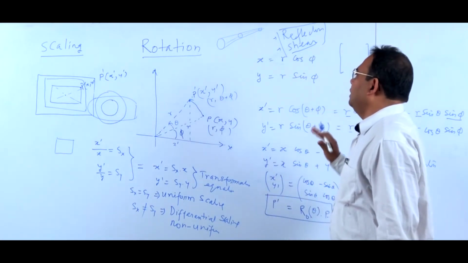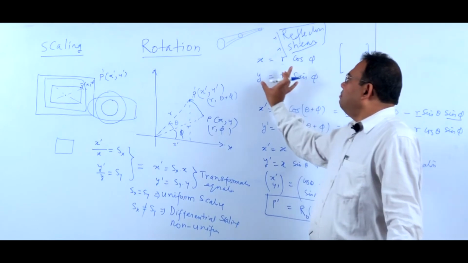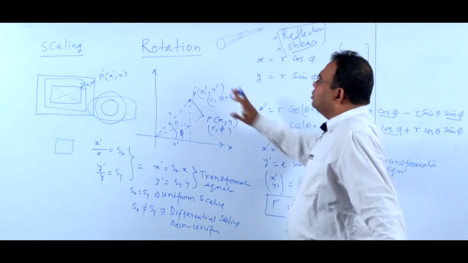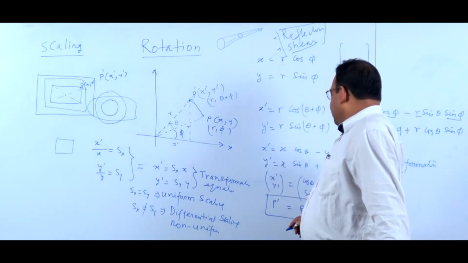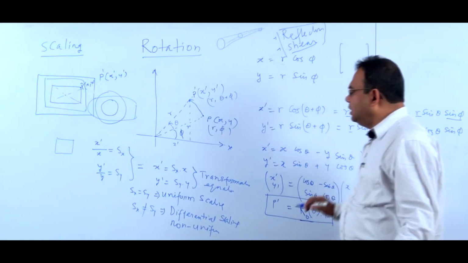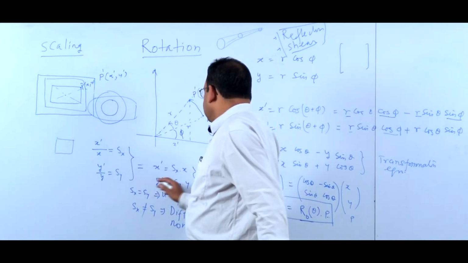In case of translation we have discussed that some matrix is added with the initial point, and in case of rotation and scaling some matrix is multiplied, because in case of rotation R theta is multiplied with the object point. In case of scaling, these are the scaling equations.